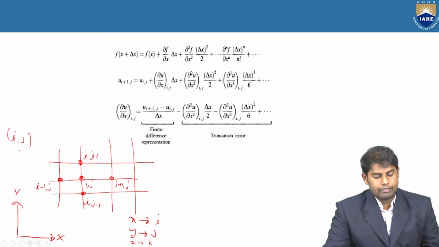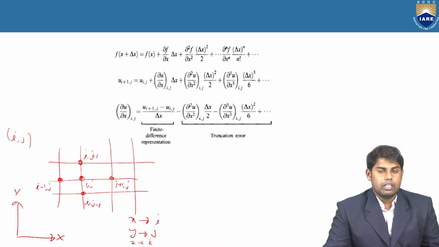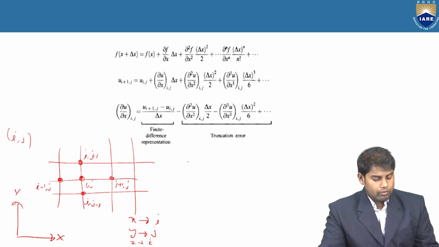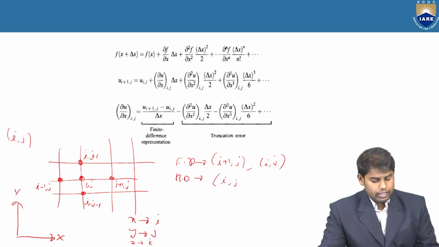For the forward difference, we need the terms i plus 1 comma j and i comma j. I already explained this in the previous class. For the forward difference, these terms are involved: i plus 1 comma j and i comma j. For the backward difference, we have i comma j and i minus 1 comma j.